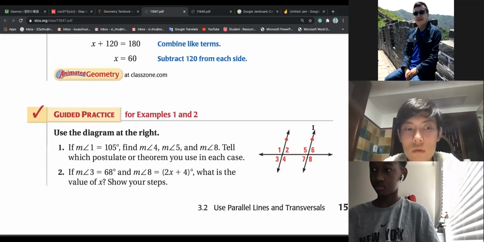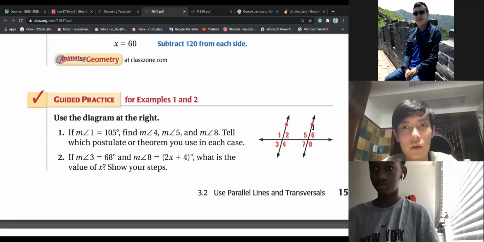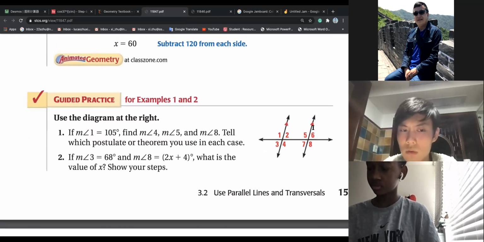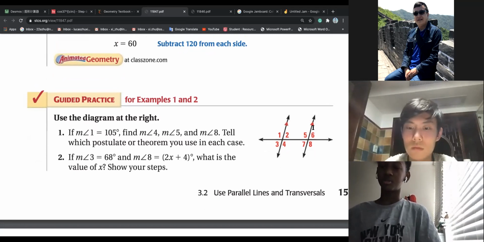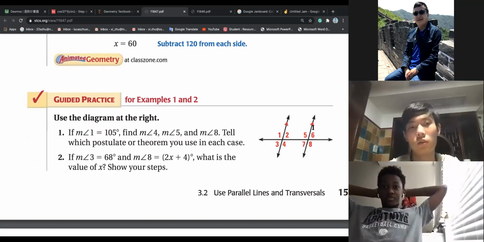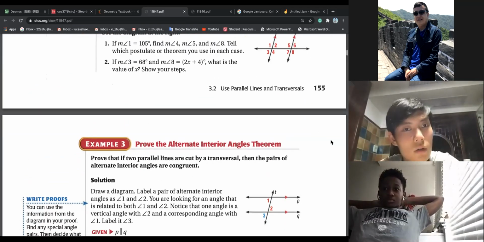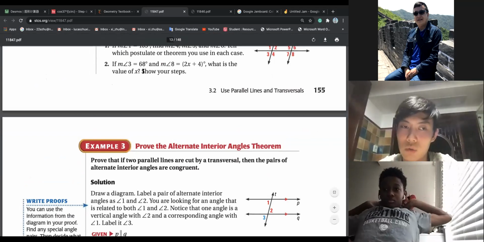If you do not know how to solve it, try to write it down. X equal to 54. Wait, let's see. Because it's equal to 108. It is 54, never mind, it's right. So you have to add them up together into 180.